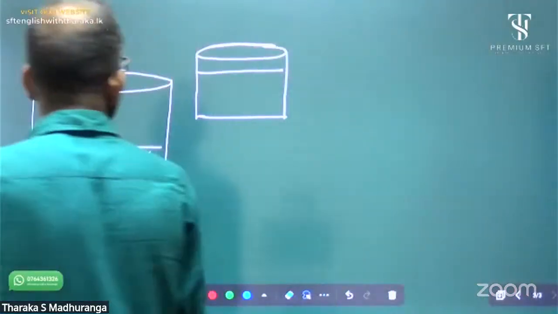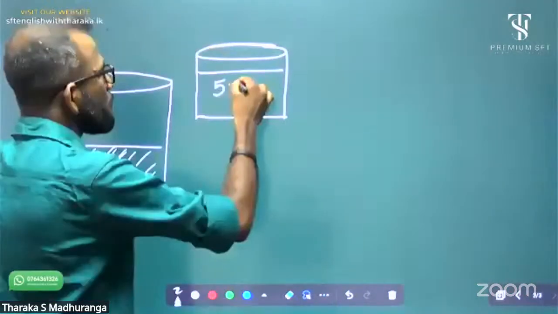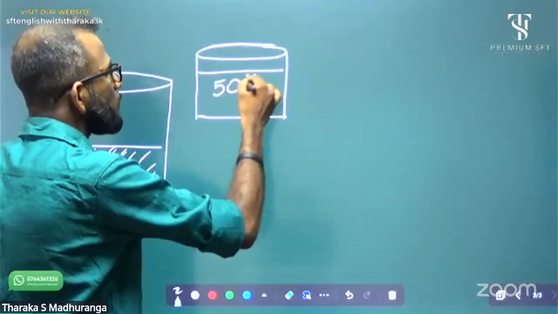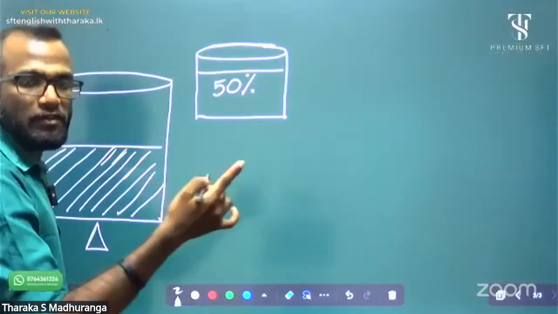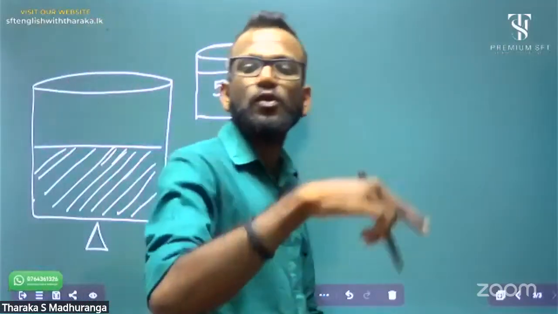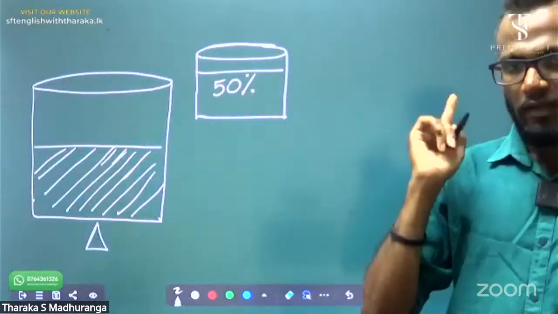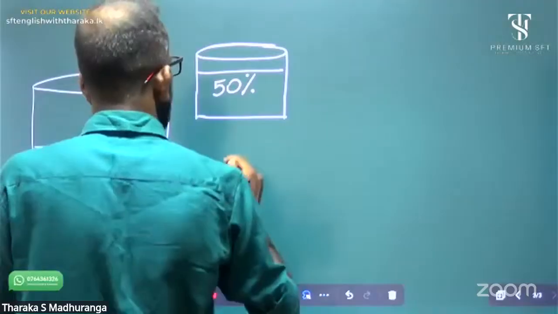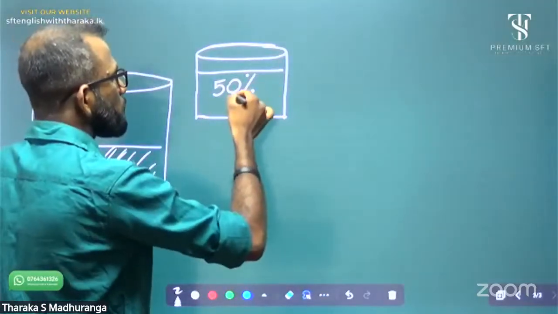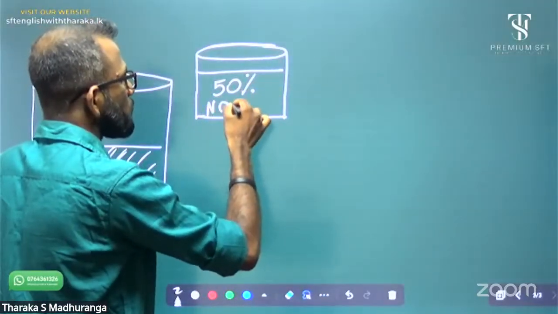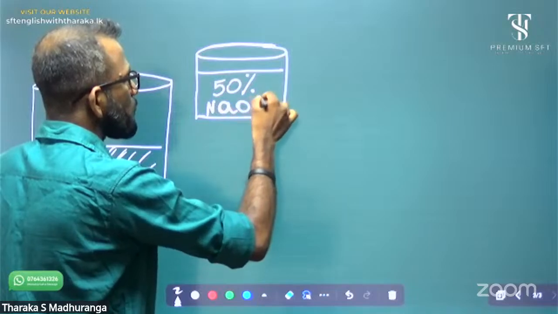That 50% sodium hydroxide solution we call an aqueous solution, right? Aqueous means dissolved in water. Do you understand?